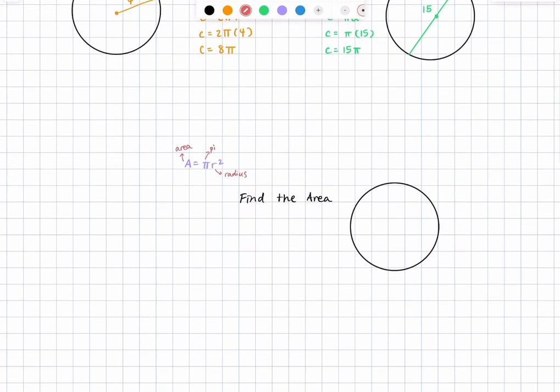Let's say you were given a circle with the radius 3. Then your area would be A equals pi r squared, A equals pi times 3 squared, A equals 9 pi.